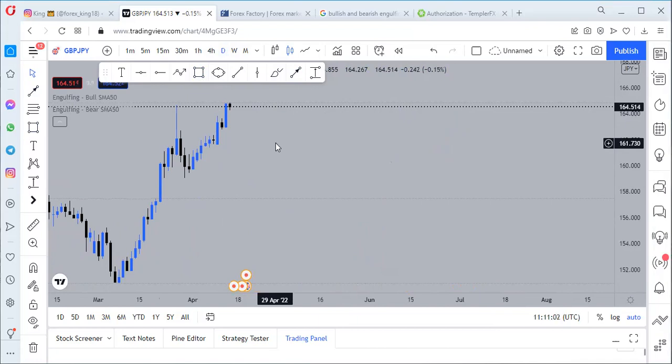For example, like I said yesterday, let me show my whiteboard. An engulfing, maybe for example, a market was moving like this, then suddenly we get such a thing. It opened in the same area, but this one closed below.